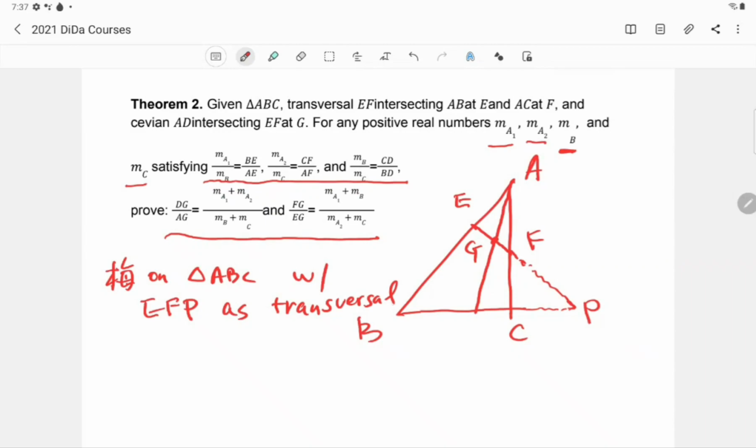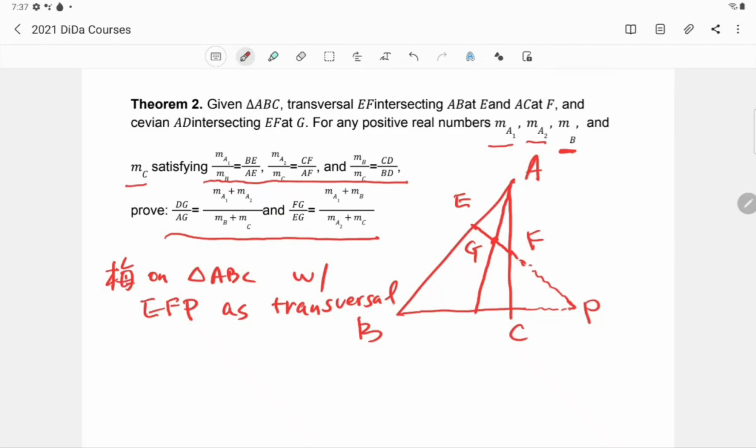The reason why I'm writing this out in so much detail is to also help you remember Menelaus, because in most explanations or solutions, they just say, "Oh, use Menelaus," but very few people can remember how to use it or even the exact format, because they are tied to the specific notations instead of the ideas.